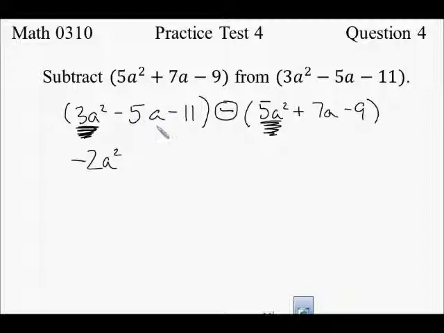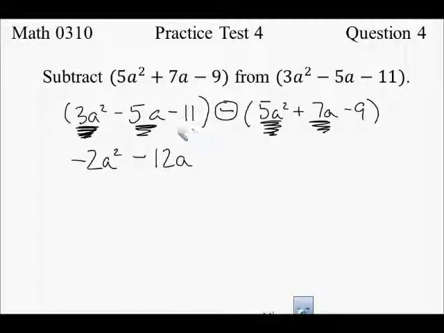Alright, and now we look at our linear term. So we have just minus 5a, our a term here, and we have a positive 7a here, thinking through the subtraction. So negative 5a minus positive 7a, negative 5 minus 7 would be negative 12, and that's how many a's we have there.